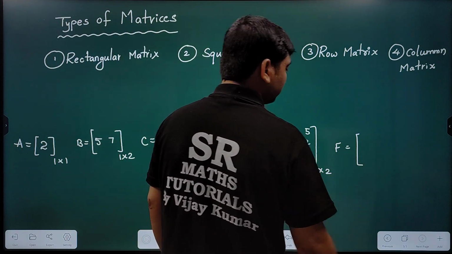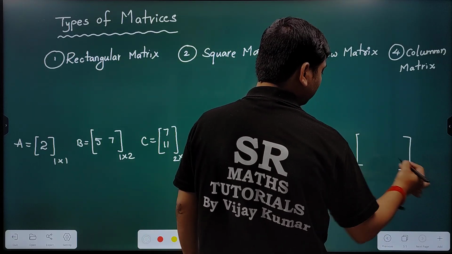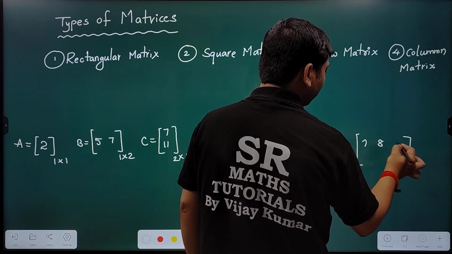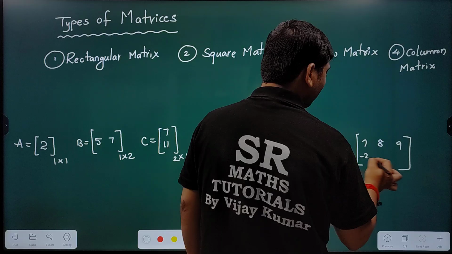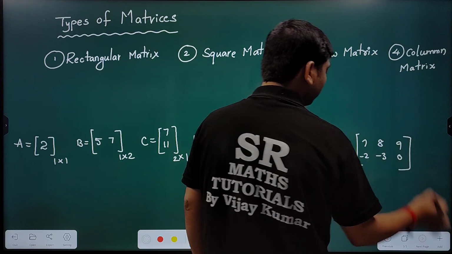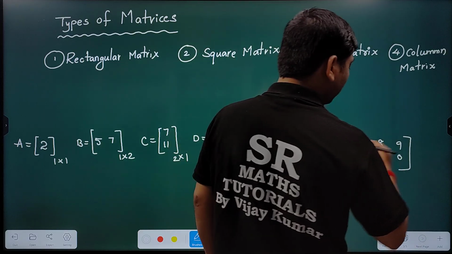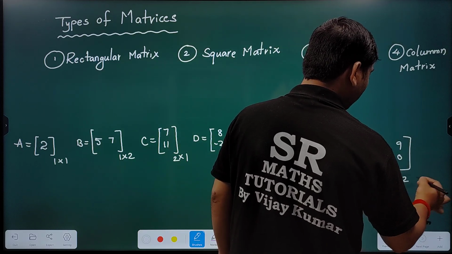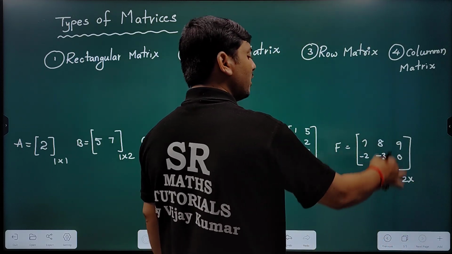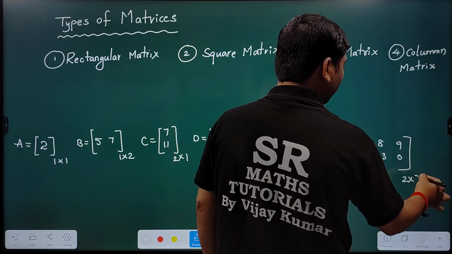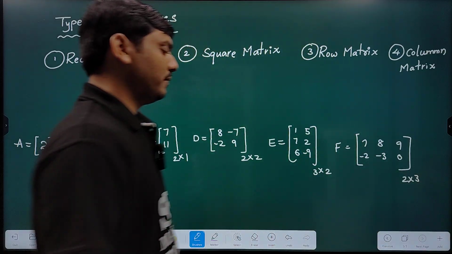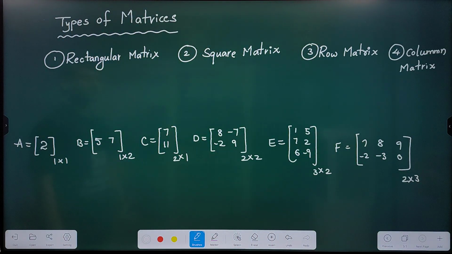Matrix F: 7, 8, 9, minus 2, minus 3, 0. The order of matrix F is 2 rows by 3 columns, 2 by 3.